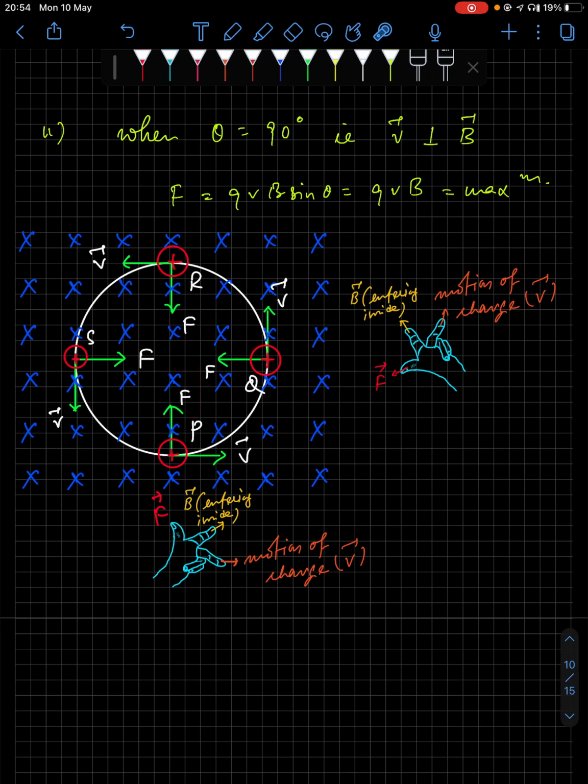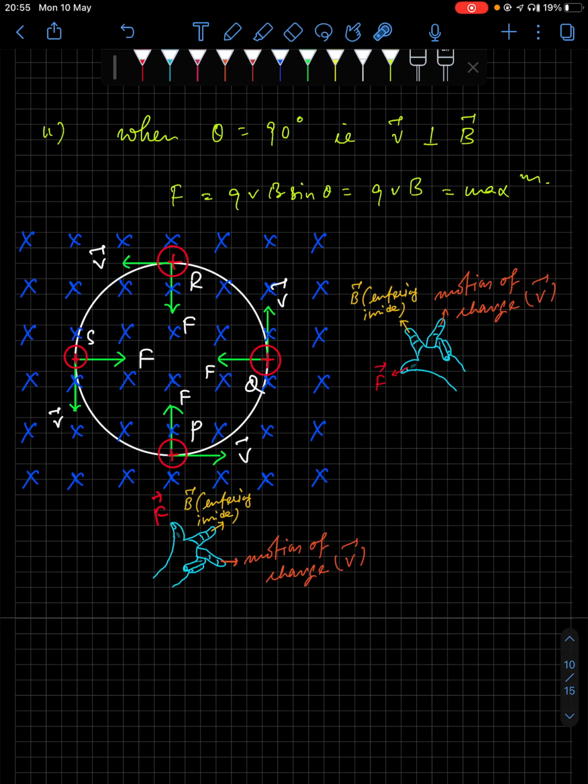Now if you fire a charged particle in this manner, just after entering the field, it will tend to move in a circular path. So say we consider this instantaneous position at P, the velocity vector here is v vector, and the magnetic field is entering perpendicular to this v vector.